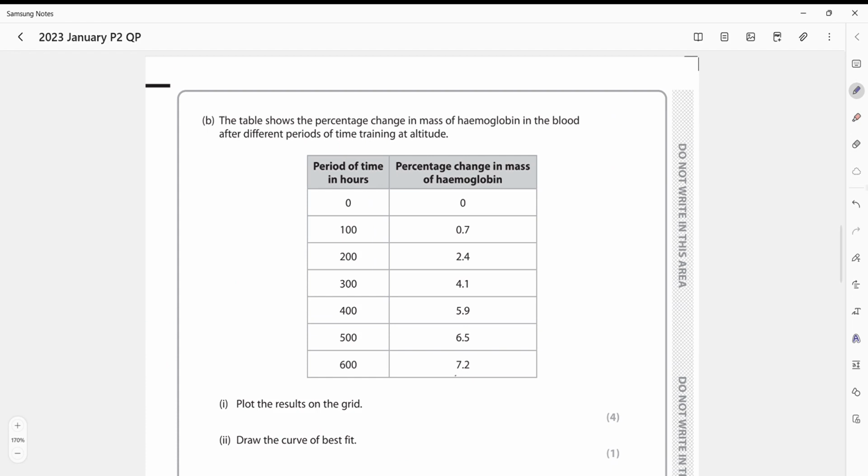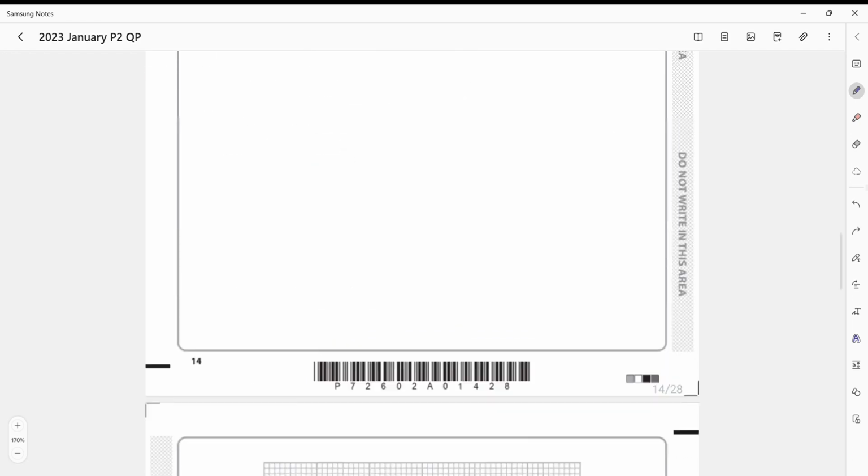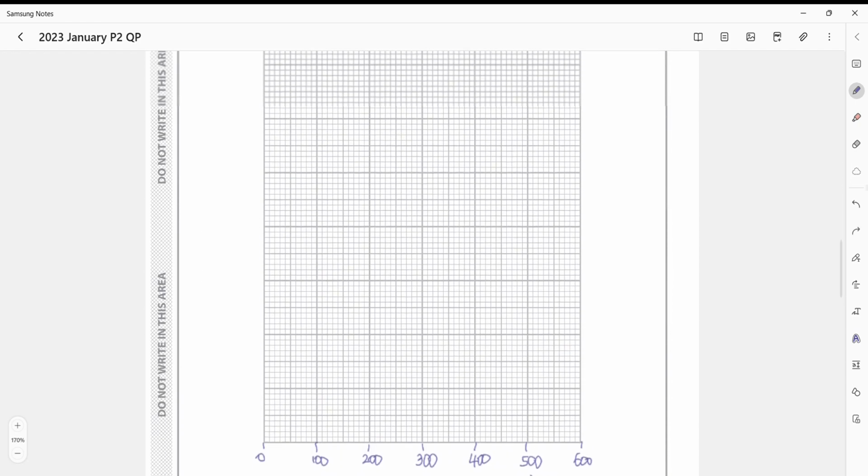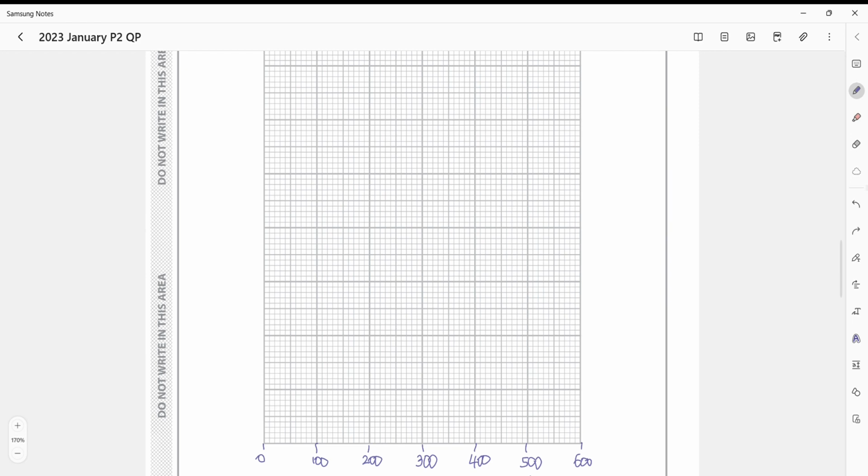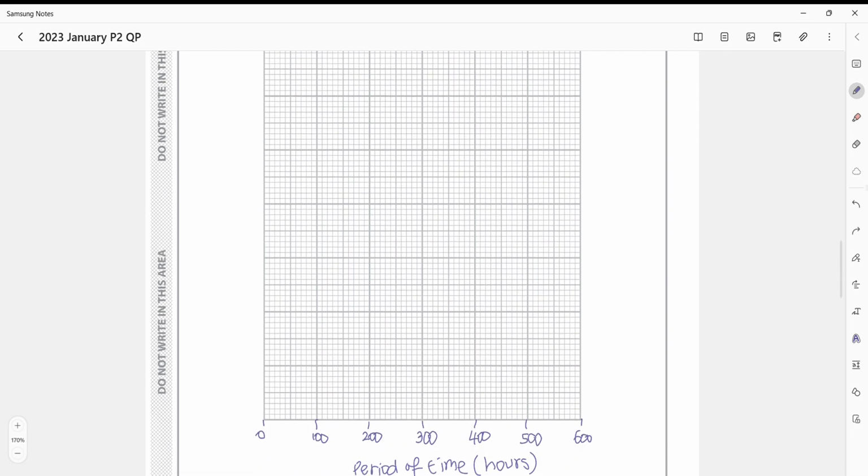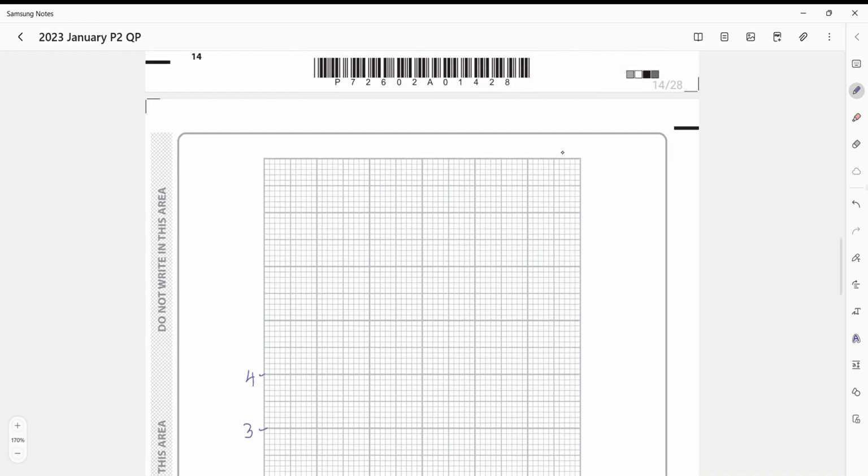The highest number here is 7.2. Let's see if we can try and fit that. So maybe 1, 2, 3, 4, 5, 6, 7, 8. So we'll have it so that it goes like this: 1, 2, 3, 4, 5, 6, 7, and 8.